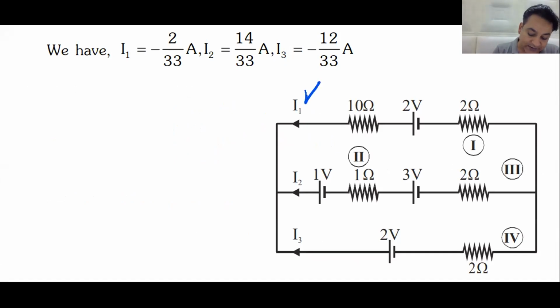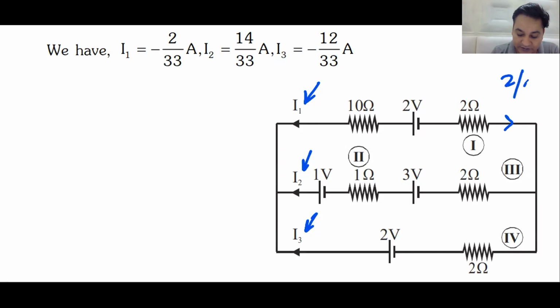They've taken this as I1, this as I2, and this as I3. Did you get the same answer? Did you solve for the current? Yes or no? Yes, sir. Did you get the same answers? The direction will not matter. Yes, sir. I1 is like this.